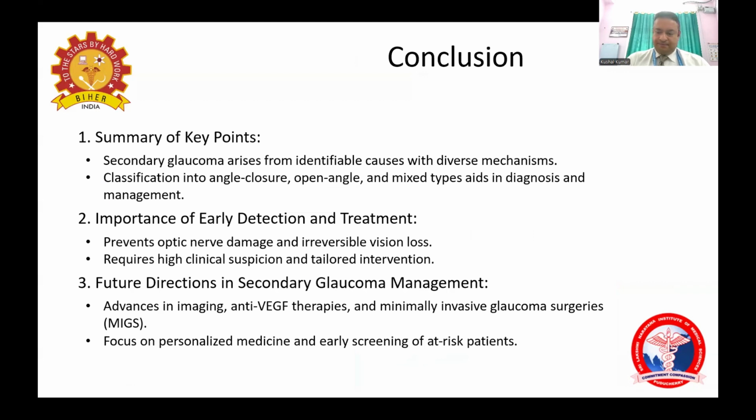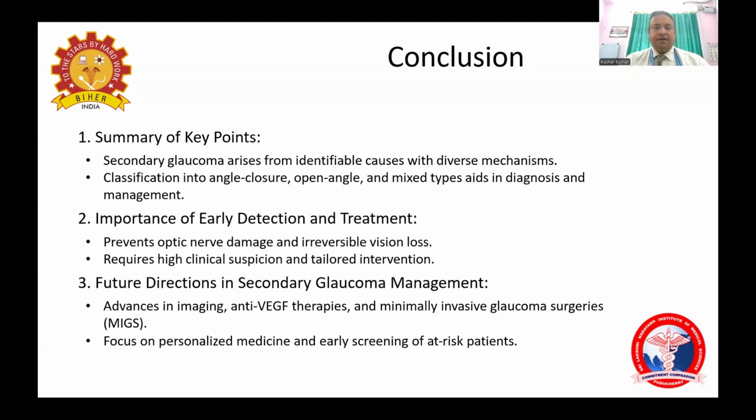In conclusion, secondary glaucoma arises from identifiable causes with diverse mechanisms. It could be classified into angle closure, open angle, or mixed types, and it aids in the diagnosis and management. The importance of early detection and treatment is so that it prevents optic nerve damage and irreversible vision loss, and it requires a high clinical suspicion and tailored intervention.